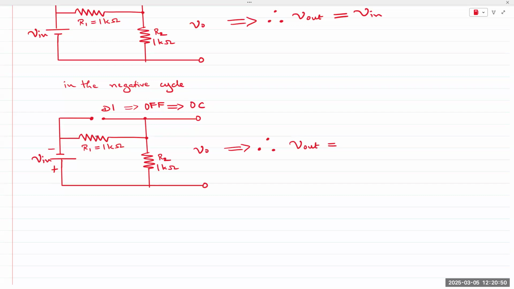So V out is the voltage across R2, which is a fraction of V in, and the fraction is given by R2 over R1 plus R2. In this case, since both resistors are the same value, V out is 0.5 times V in. So if V in is 1 volt, your V out is 0.5, or minus 0.5, I should say minus.